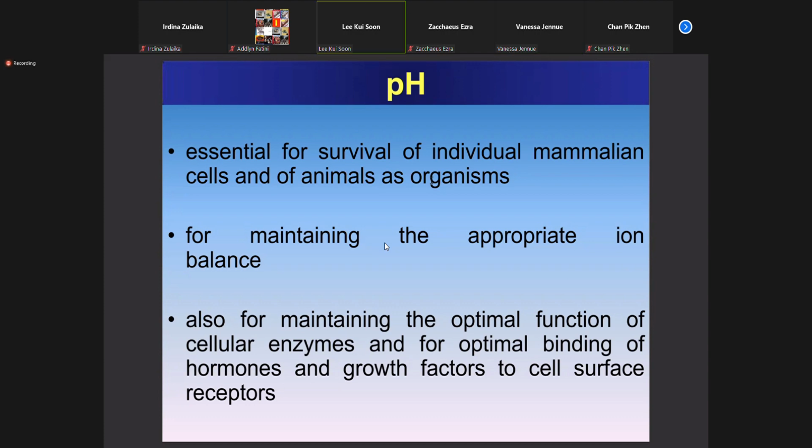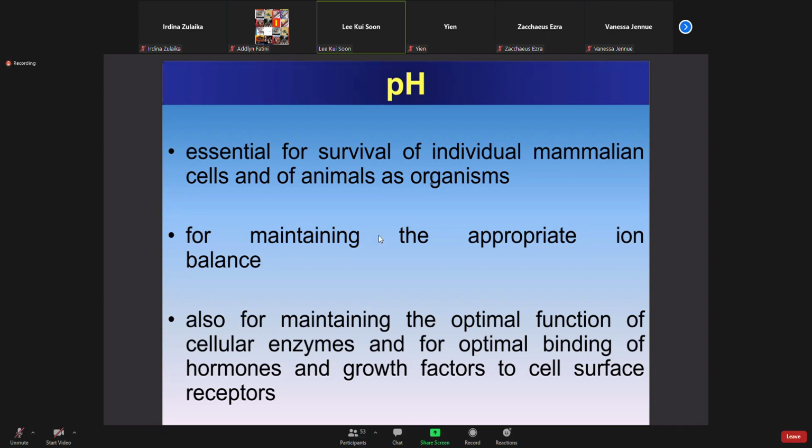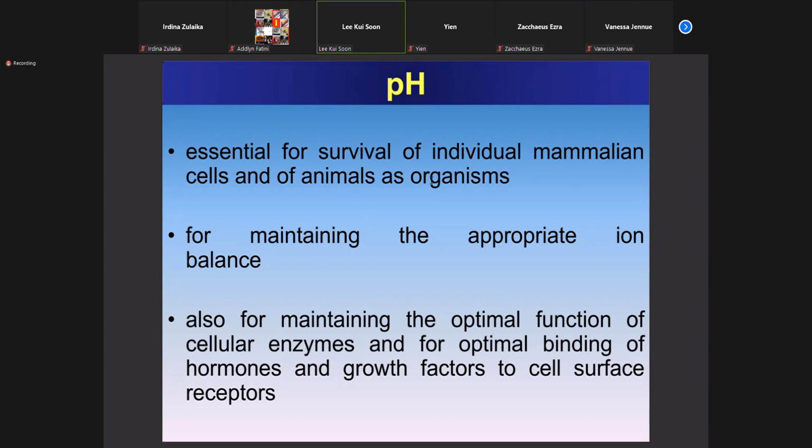Sama ada dia embedded dalam membrane cell ataupun pada permukaan membrane cell, betul tak? And there are so many calcium pump, natrium pump juga. Pernah dengar ini tak? So kalau pH dah berubah, maka ions contohnya cation ions and anions itu pun akan menyebabkan calcium pump itu tidak boleh berfungsi dengan baik.